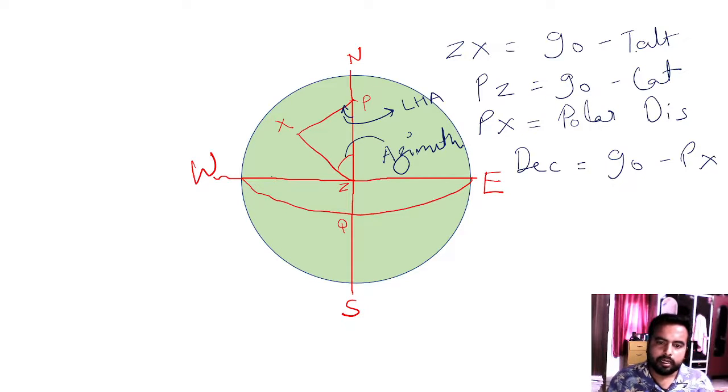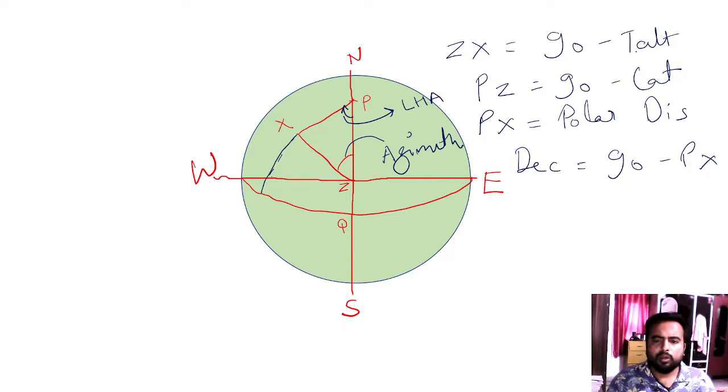That means declination is this thing. From equator to pole it is 90 degrees, and this PX, the polar distance, is either given in the question or you have calculated it by applying the formulas. So you can easily calculate the declination.